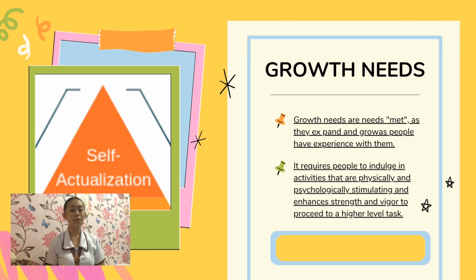It requires people to indulge in activities that are physically and psychologically stimulating and enhance strength and vigor to proceed to a higher level of task. Growth needs arise as a desire to grow as an individual, which is identified as the self-actualization needs in the hierarchy of needs.